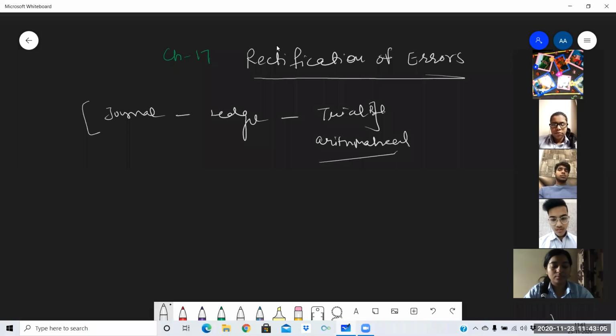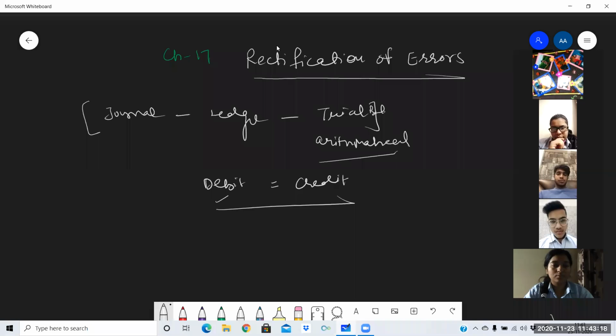This is based on the principle that in the double entry system, for every debit, for an equal amount, there is a credit. This is a double entry bookkeeping system in which for every debit of the same amount, there is a corresponding credit.